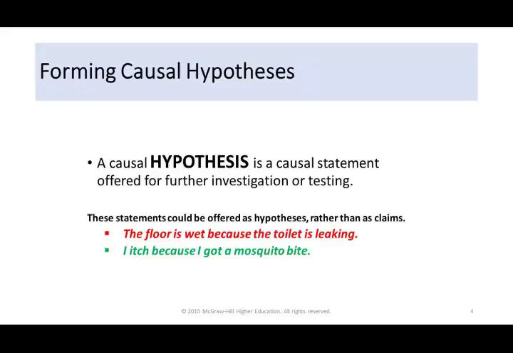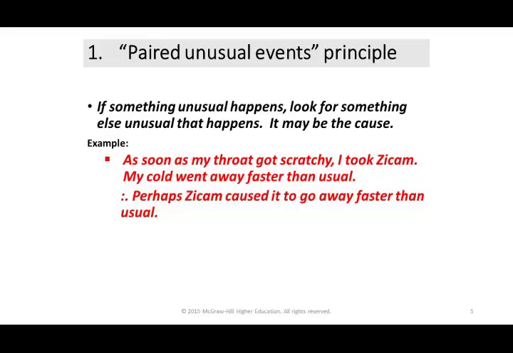Okay? They're a little bit difficult to sort out in terms of their difference. So I'm going to try to walk you through those and give you ways to tell the difference between them. Okay, so the first one is what we call paired unusual events. Now the name is very, very suggestive of why it's called that, so pay attention to that title.